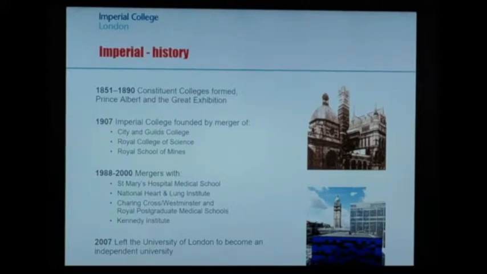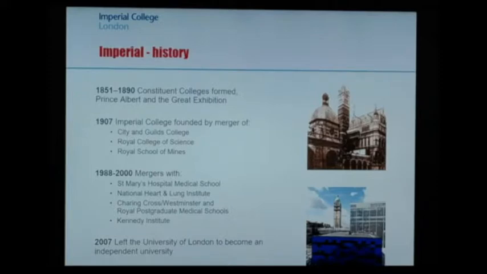Albert was really interested in science and technology, and he really pushed that. It was one of the things the Victorian Empire, of course, was very well known for, industrialization. And as part of that, they had the Great Exhibition in 1851 in South Kensington on the land that is now Imperial College London and the Science Museum and the Natural History Museum.